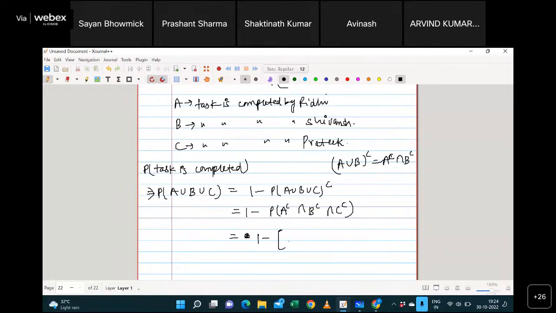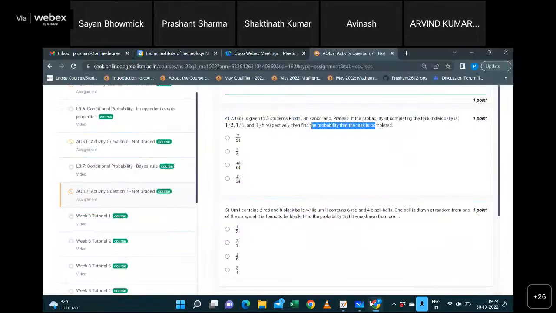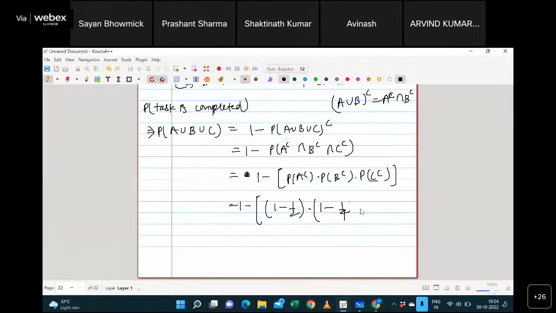So I can write 1 minus probability of A complement into probability of B complement into probability of C complement. Probability of A complement will be 1 minus 1/2, into 1 minus 1/4, into 1 minus 1/8. So it will be 1 minus 1/2 into 3/4 into 7/8.